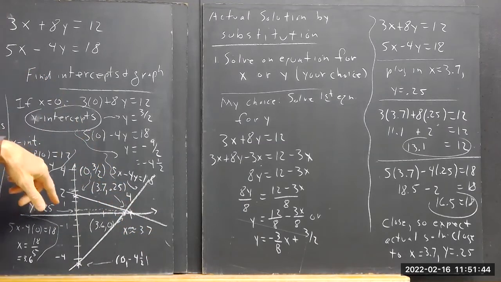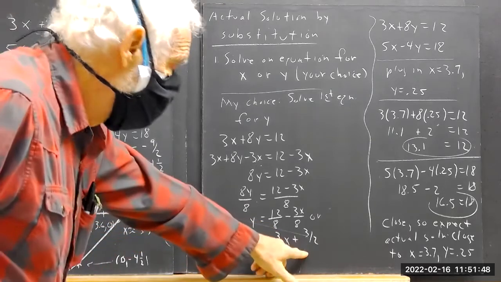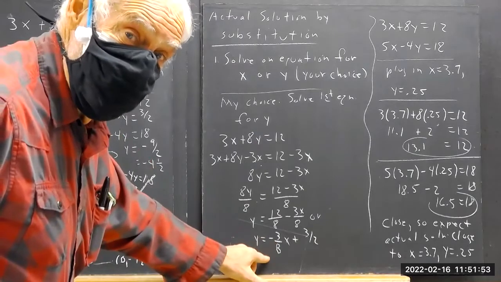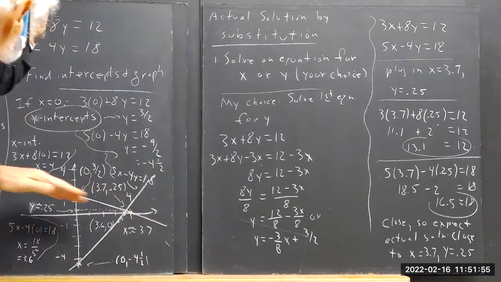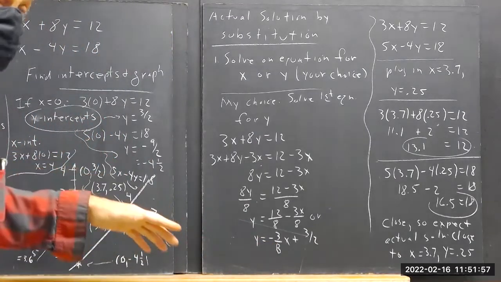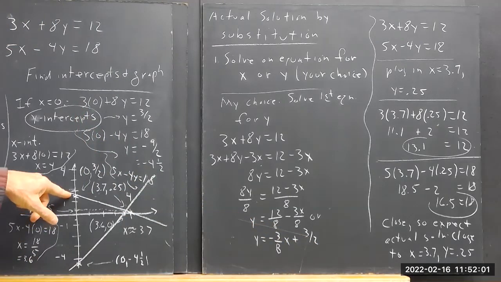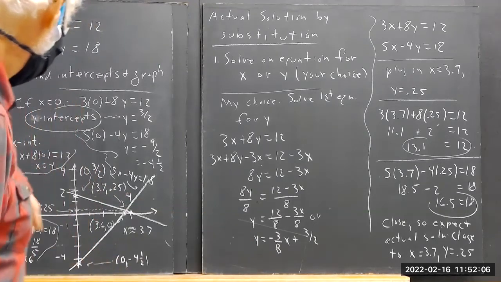That looks pretty reasonable for 3/8. And the y-intercept should be 3/2. This is y equals mx plus b. M is negative 3/8, makes sense, going down, not a big slope. And the y-intercept is 3/2. So we're pretty sure we solved that correctly.